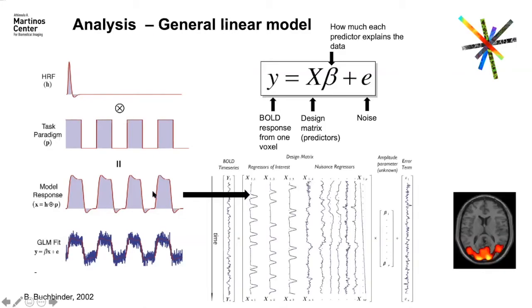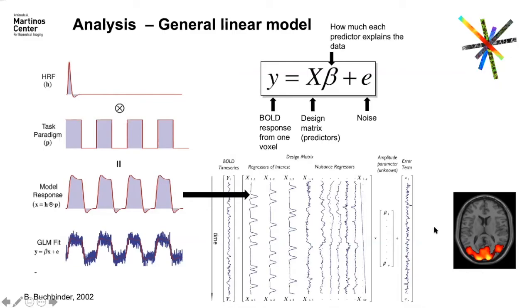In GLM we take this model response and put it here as a regressor of interest. We can have several predictors. For example, if we have several categories of stimulus, let's say houses or faces or dogs, each of those would have their own regressor.